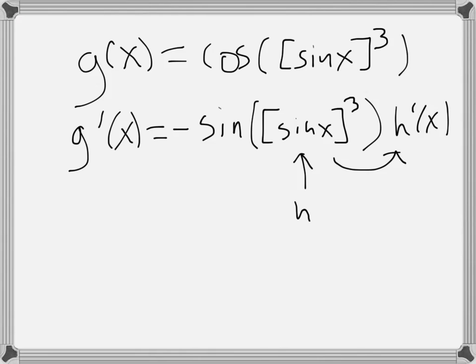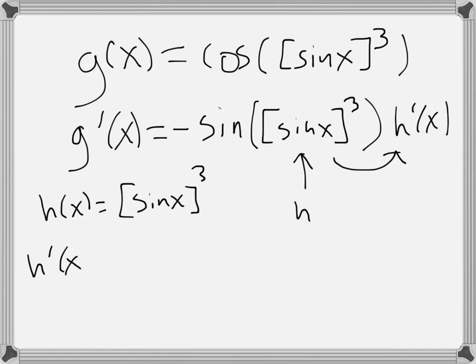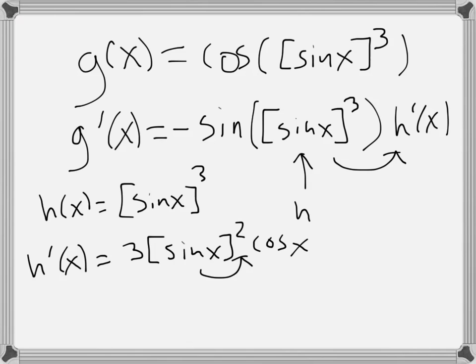So for the time being, let's worry about h of x being the cube of sine x, and I need to take that derivative. The outside function is x cubed, so I use the power rule. But I leave sine x inside, and then the derivative of sine x is cosine x, so I multiply by cosine.